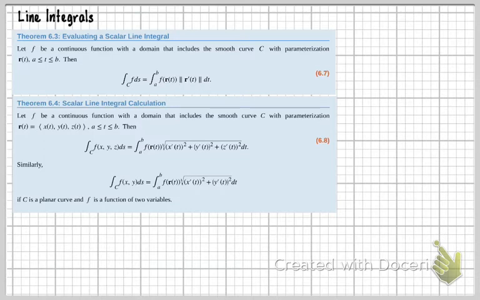If you remember, the integral of the magnitude of r prime t dt was our arc length. So s equals the integral of the magnitude of r prime t dt, which was earlier in the book. So this is our arc length, and when I plug r(t) into the function, this is my height. So let's take a look at a picture here.